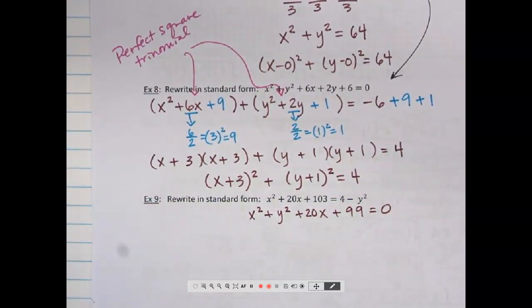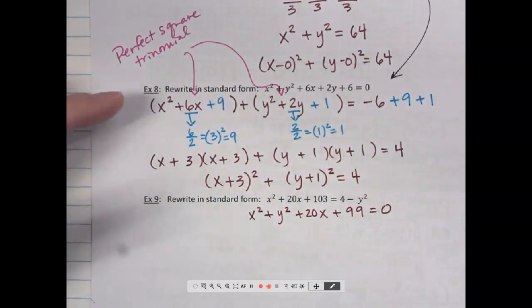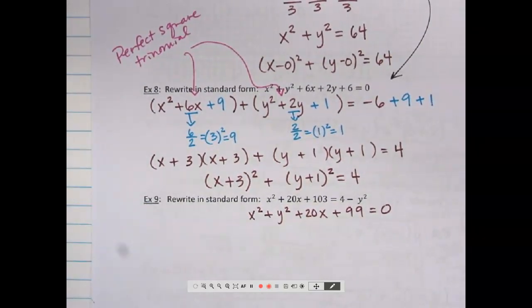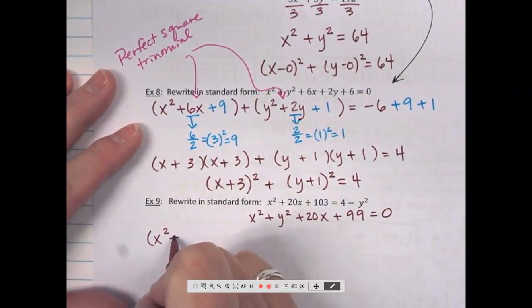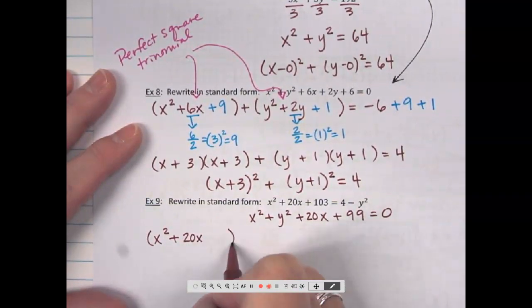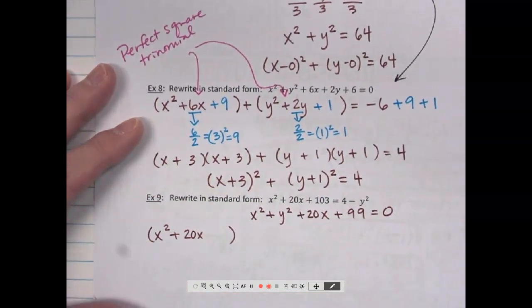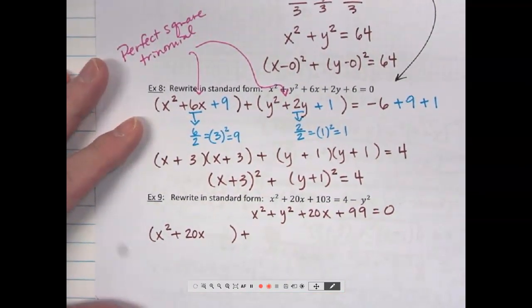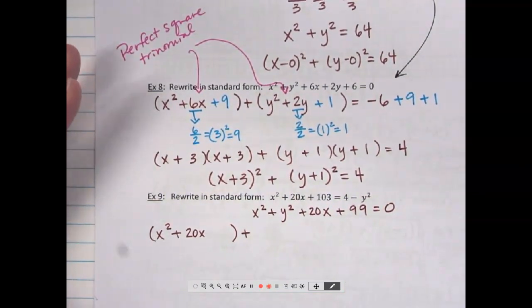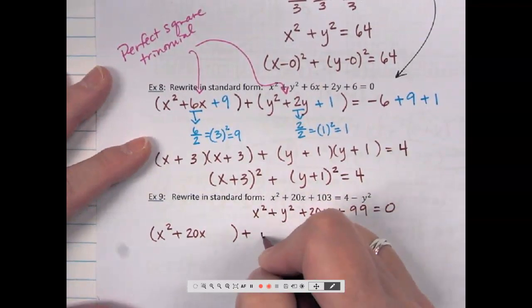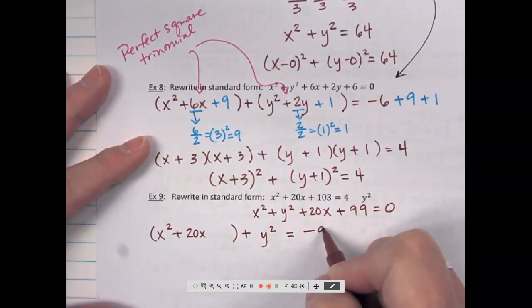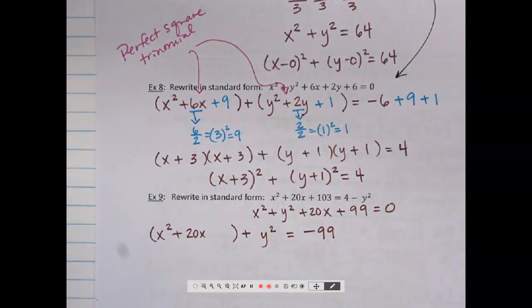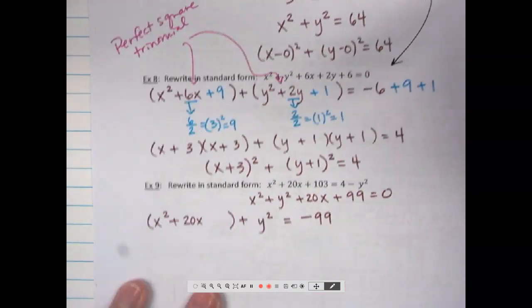Okay, so my next step, look what I did above, I'm going to group x's and group y's. So I have x squared plus 20x, leave some space. Do I have any y's to group? I just have a y squared. And then I don't want it equal to 0, so I'm going to move that 99 over.